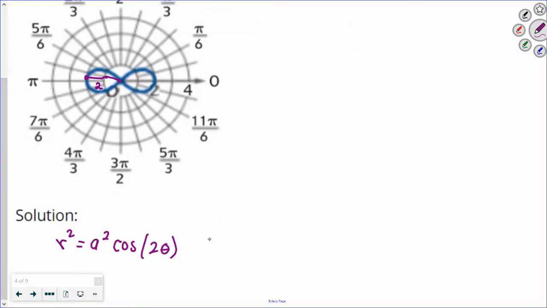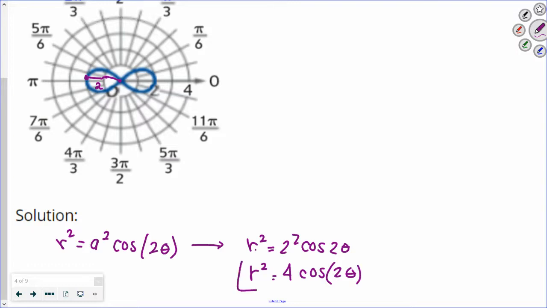So when we write our equation for this, it's going to be r squared equals 2 squared cosine 2 theta. 2 squared is 4, so this is r squared equals 4 cosine 2 theta. There's my equation, and it's as simple as that.